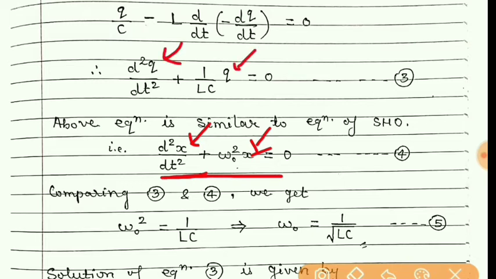Comparing both equations, we can say that omega square should be equal to 1 upon LC.